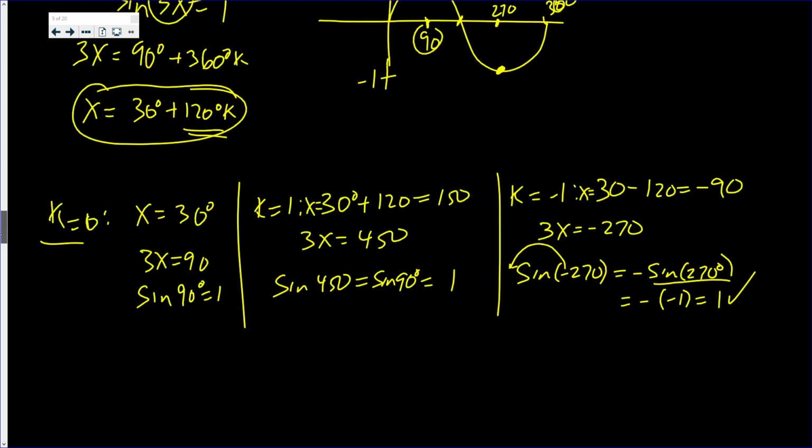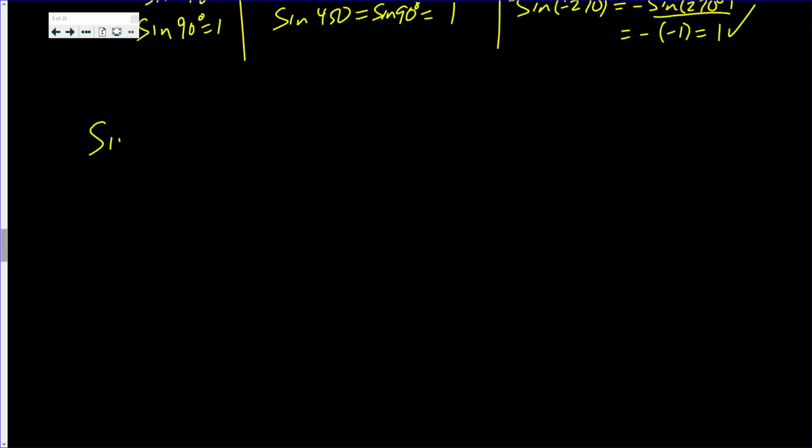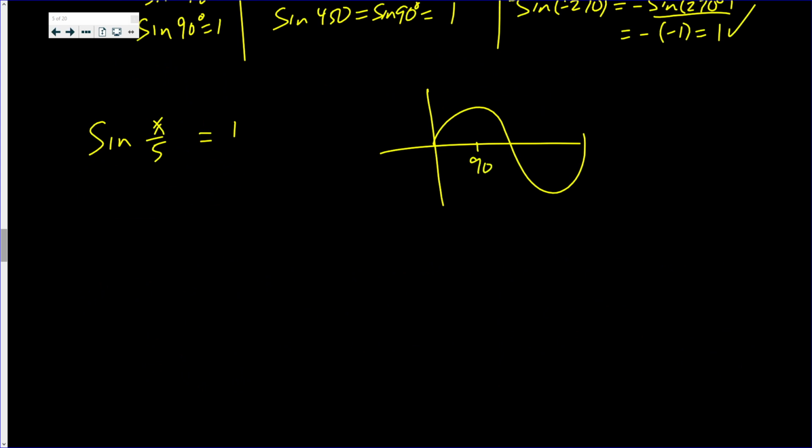So what if we did a similar problem? Instead of the sine of 3x equaling 1, we say sine of x over 5 equals 1. Well, again, I'm just concerned about one period. And in one period, the sine equals 1 at 90 degrees.